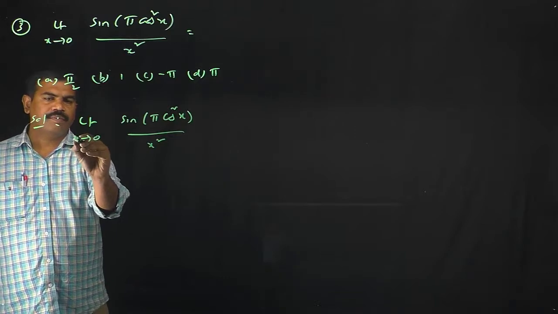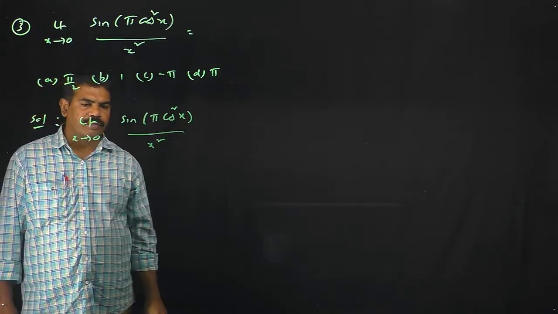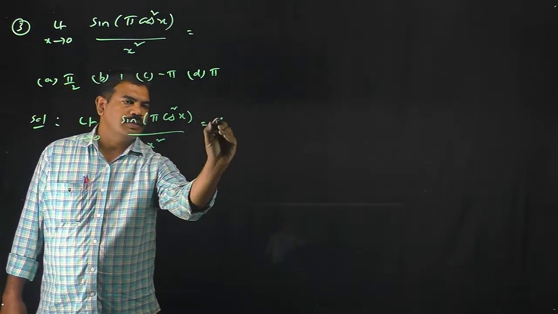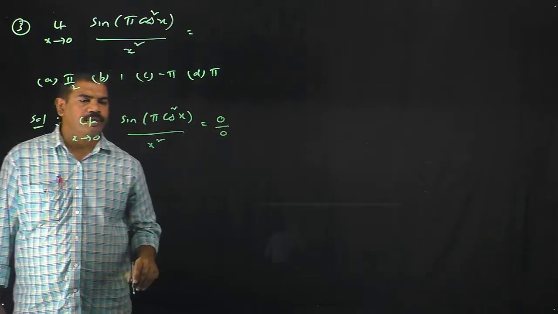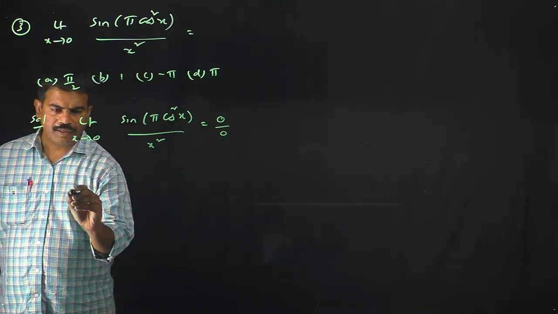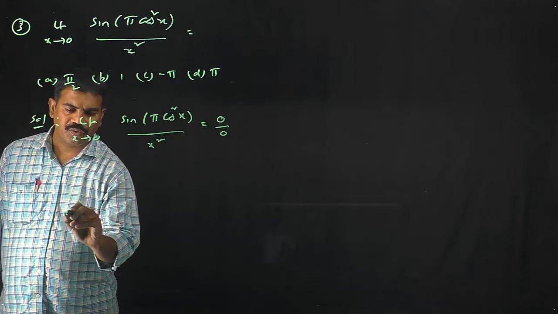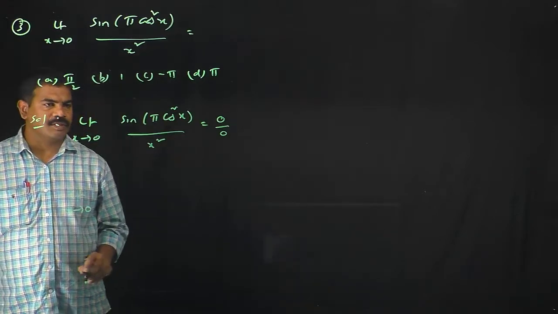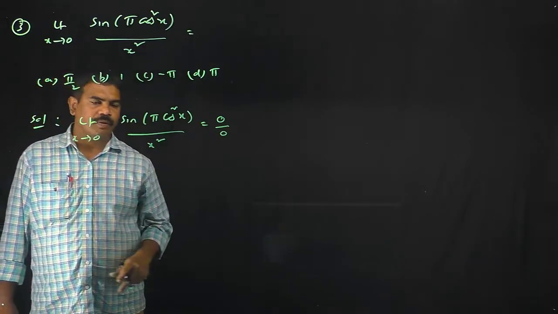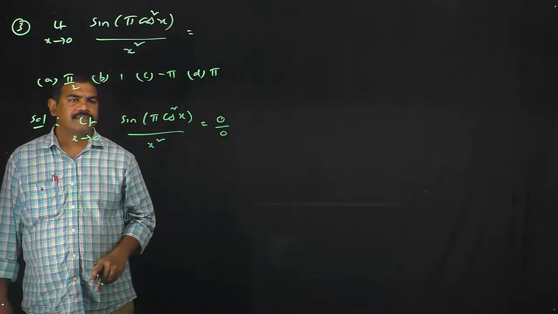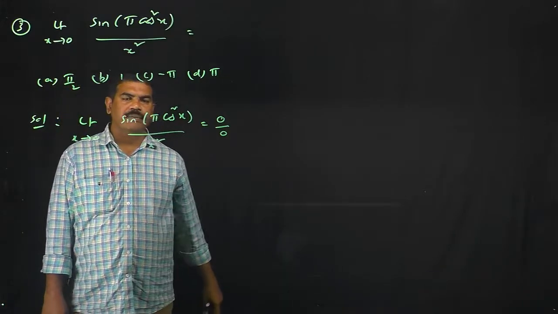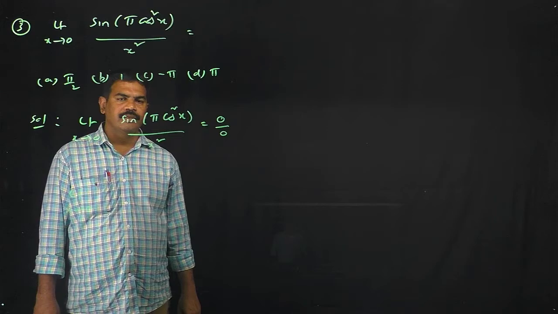Now we apply the limit; both numerator and denominator go to 0, so it is in the form of 0 by 0. Now we apply the L'Hospital rule.